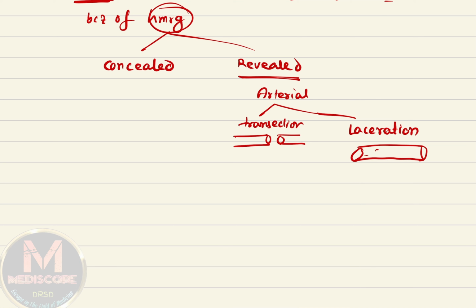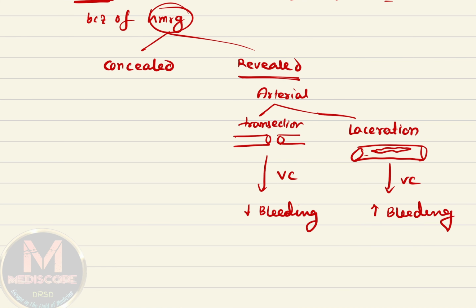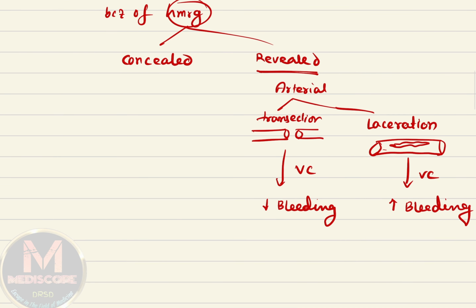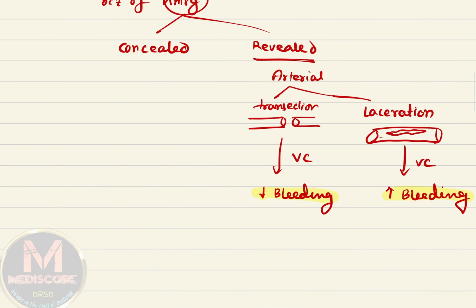Now, as a result of this bleeding, there will be a compensatory mechanism, that is vasoconstriction. So in case of a transected wound, as the ends will be constricted, there will be less bleeding. But in a lacerated wound, because of vasoconstriction, the bleeding will increase because there will be gaping of the lacerated wound. Also, the revealed bleeding can be venous bleeding.